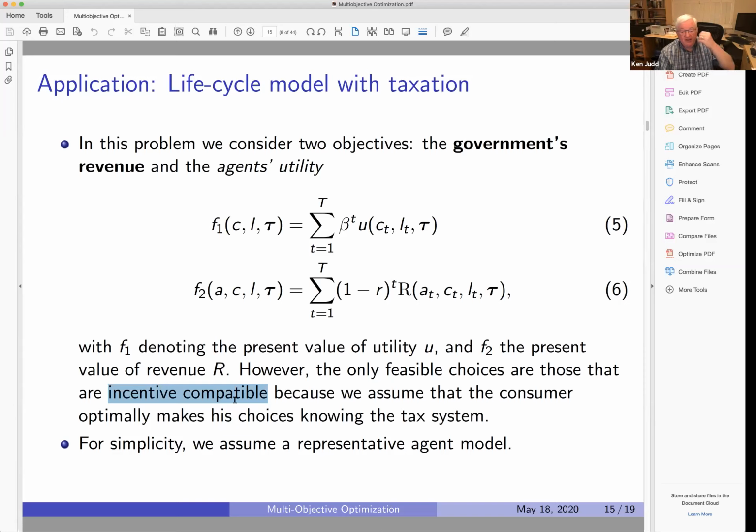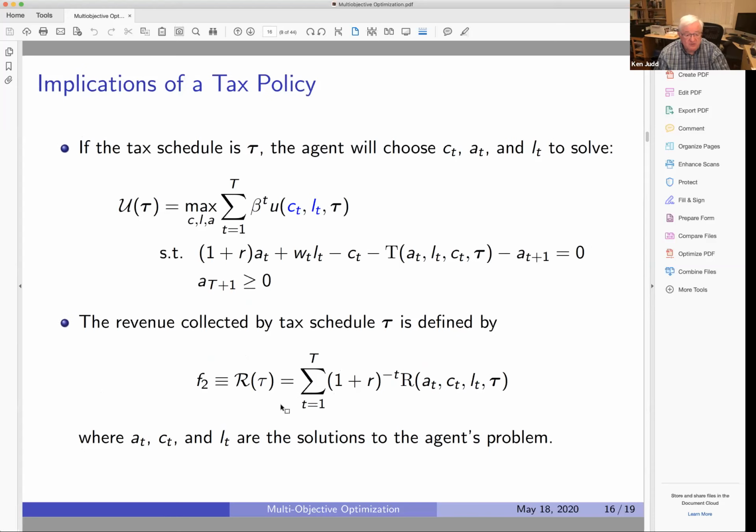So basically what you have is the government maximizes utility subject to revenue being above some target, but also the government makes direct choices of C and L and assets, but then that's subject to incentive compatibility. So you've seen that kind of problem before. And we're going to do representative agent.